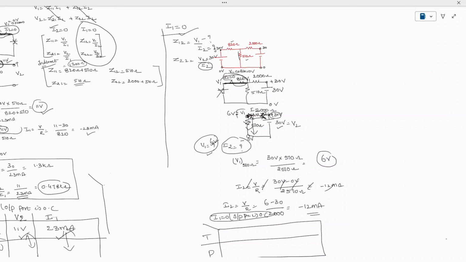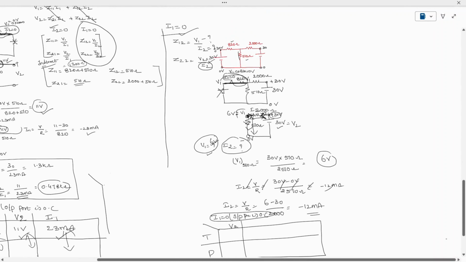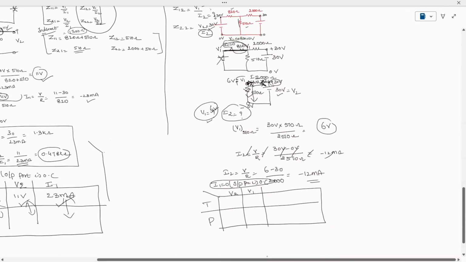So the parameters we are applying: I1 is 0. First we will get V2, since I1 is 0, you write down V2 value, and the next value we have to find out is V1, and next is the I2 value.